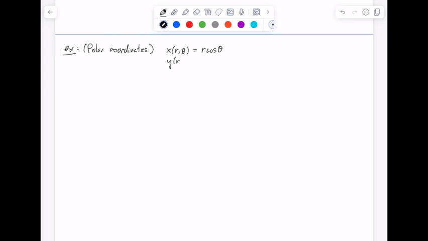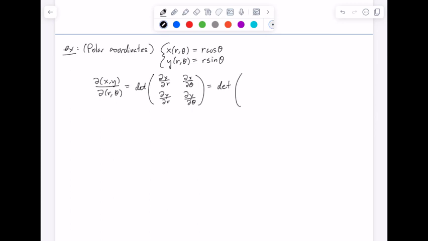That's r squared is equal to x squared plus y squared, and the tangent of theta being equal to y over x. So let's compute what the Jacobian is for this change of variable. So here's the formula, and we plug in the relevant derivatives. So once we calculate the derivatives and then we just do some algebra, we find that the Jacobian is equal to r.